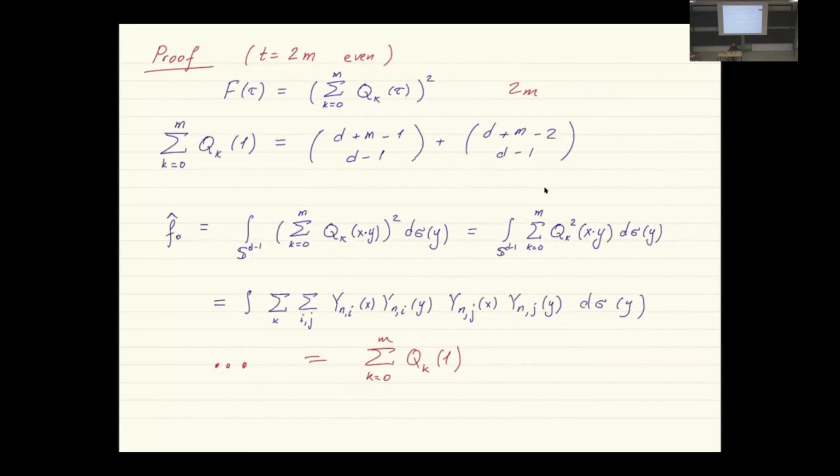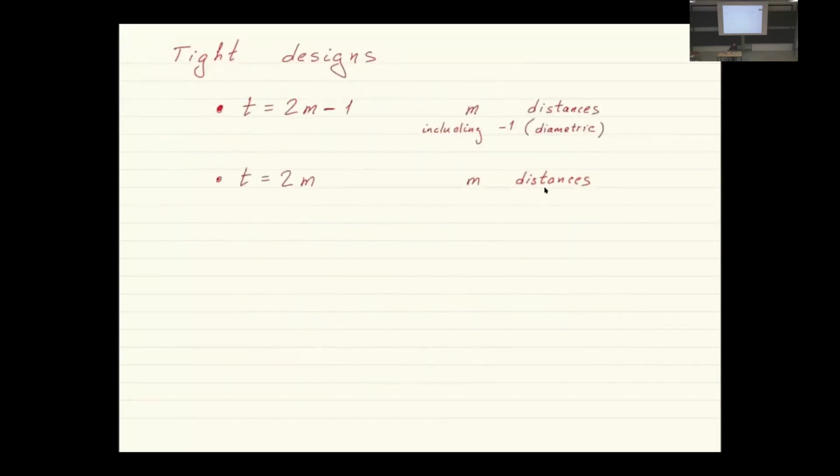Also, one can show that tight designs are also optimal in terms of the number of distances that they generate. So if you have a tight design of odd strength, it has m different distances between distinct points, including -1. And when I say distance here, I really mean the inner product. So it includes -1, which corresponds to opposite points.